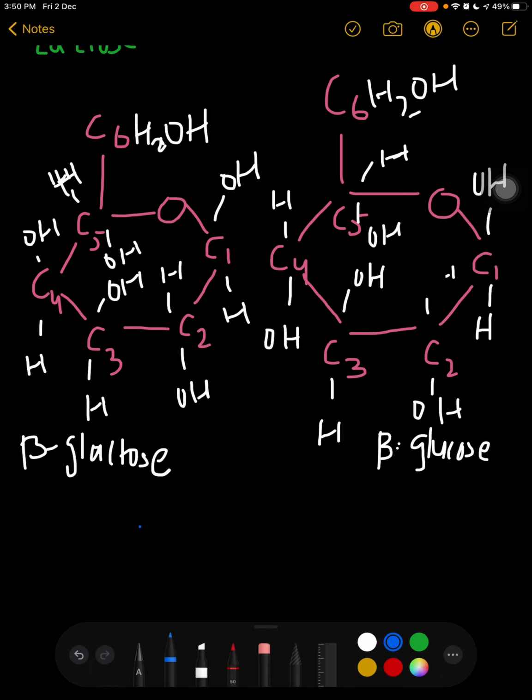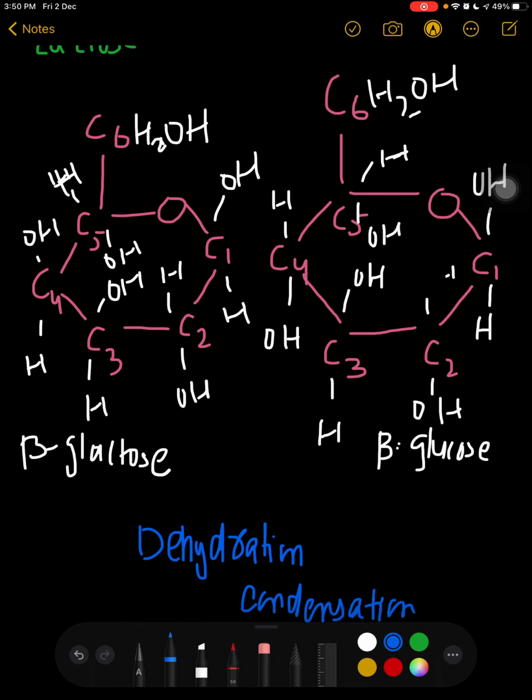The process of dehydration condensation will take place. What happens in this is that two monomers combine together to form a polymer and they release water.